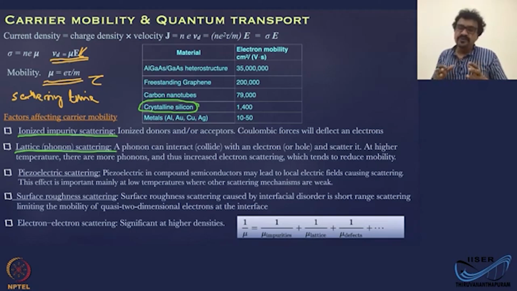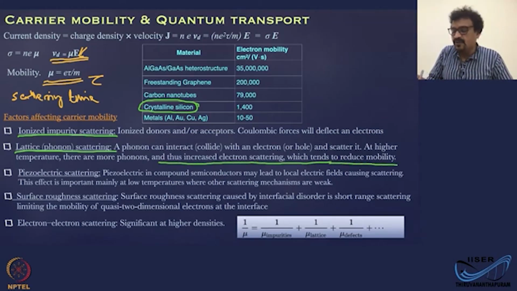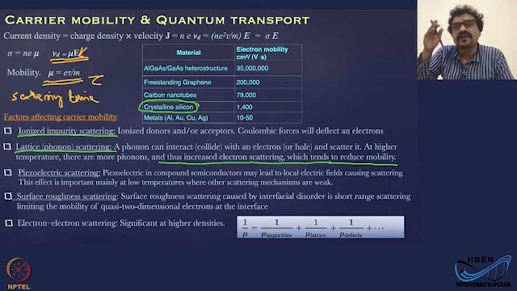So these phonons are actually generated by temperature or lattice vibration. At higher temperature you have a lot more phonons than at lower temperature. This phonon scattering is a strong function of temperature. So you have lower mobility at higher temperature. And that is the reason why you get a higher conductivity at lower temperature for metals.